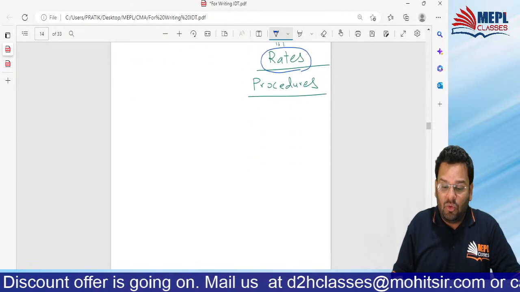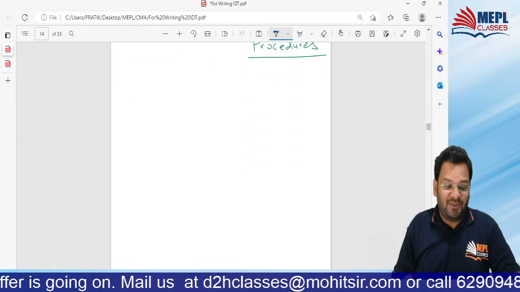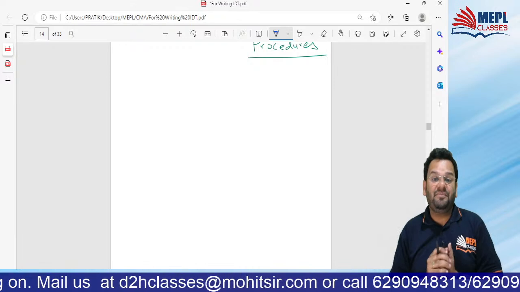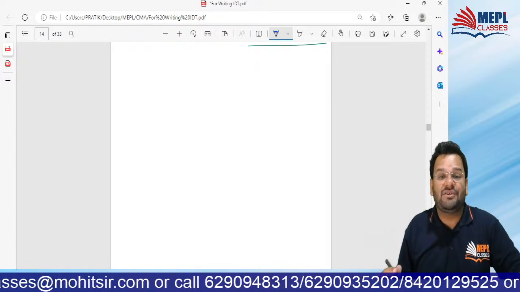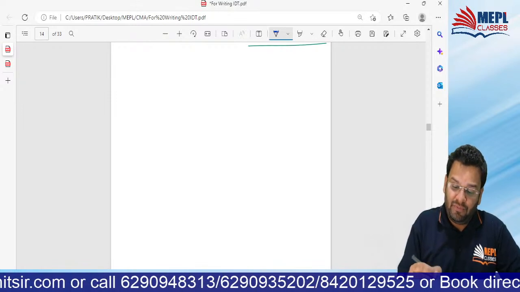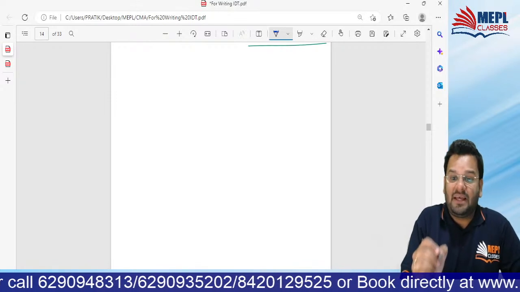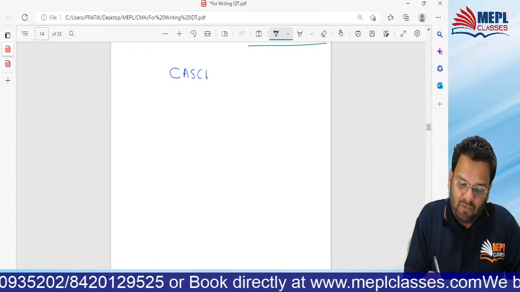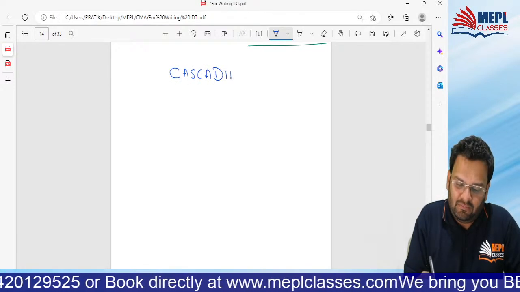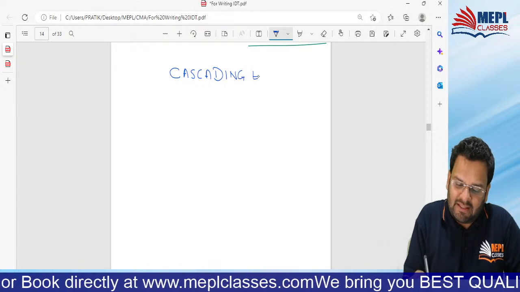Let's go ahead and see other reasons why GST was introduced. Do you understand the cascading effect? What is the cascading effect?